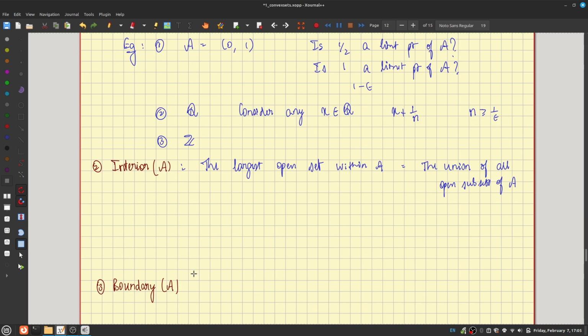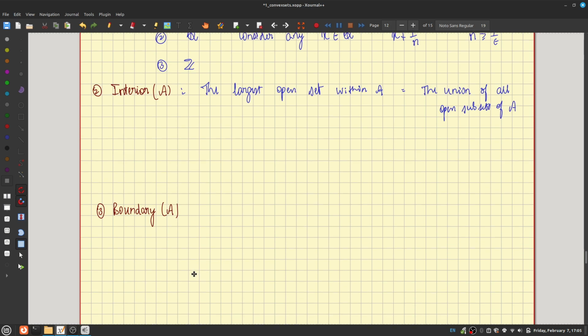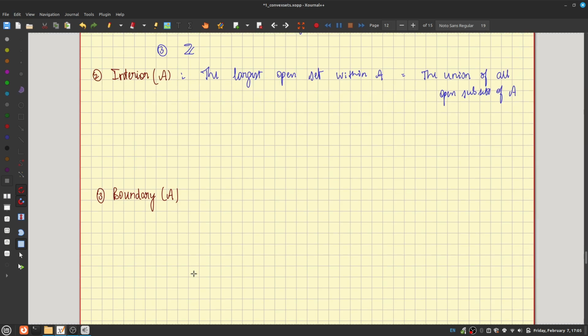You need to be able to distinguish whether you are within the interior of A or in the so-called boundary of A, which we'll define next. It becomes a little more subtle as to whether you have all degrees of freedom available or not, and we'll see in a moment.